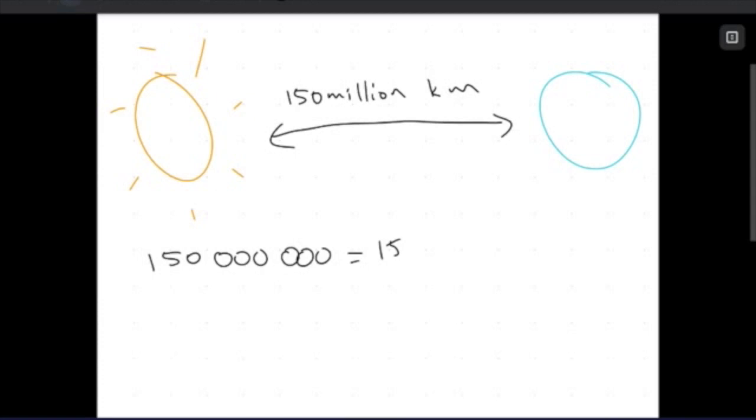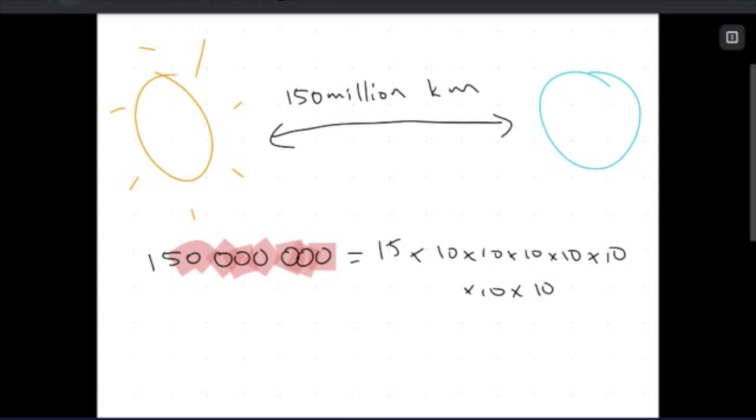That's 15 times 10 times 10 times 10 times 10 times 10 times 10 times 10. Let's rewrite this. It's like saying 15 times 1, 2, 3, 4, 5, 6, 7. This is like saying, well, 15 times 10, 7 times, right?